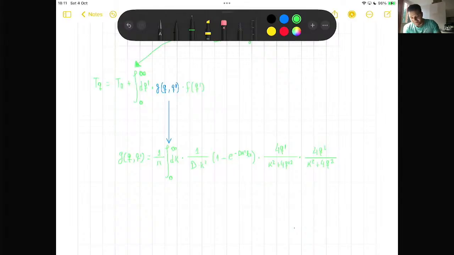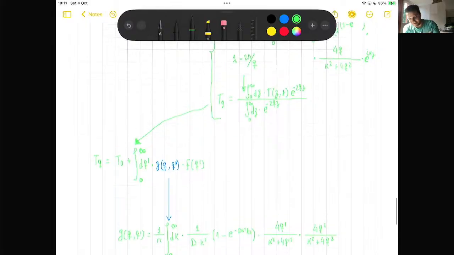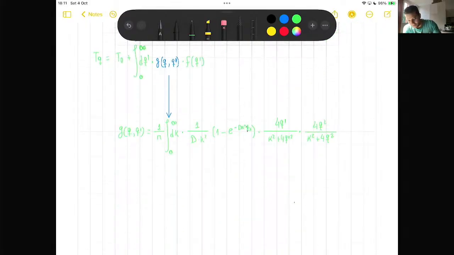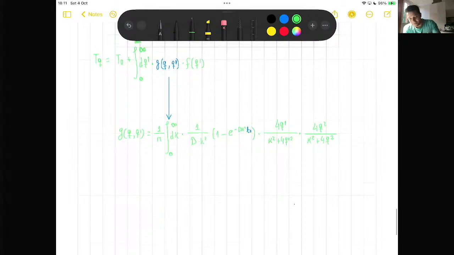An important point here. We have a parameter t0, which is approximately equal to r, the radius of curvature of the asperity, divided by the velocity.